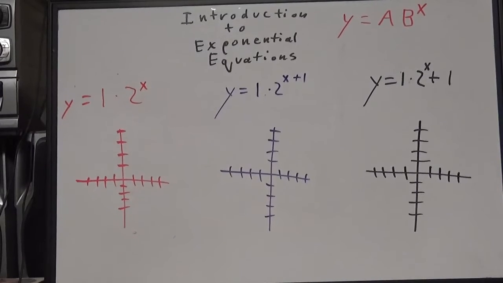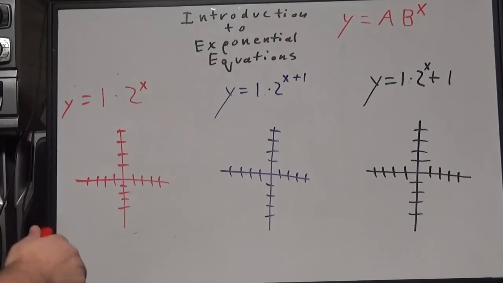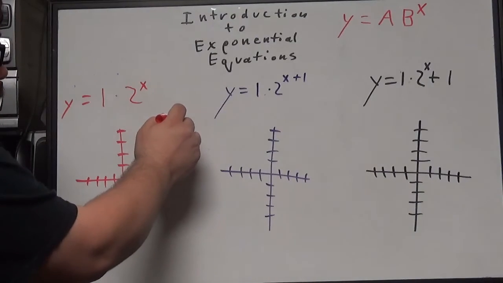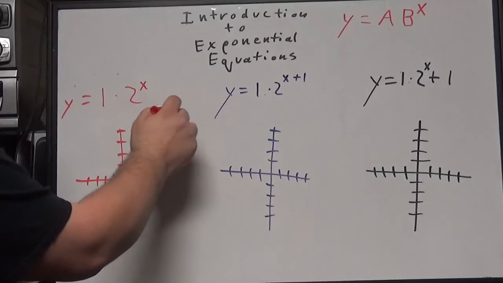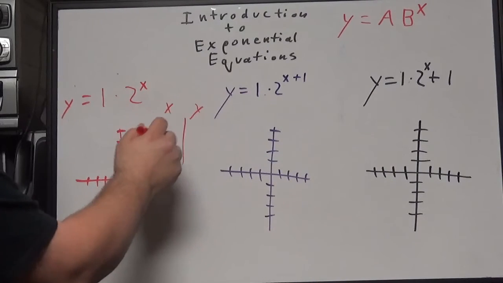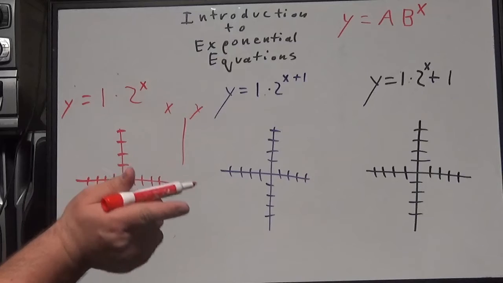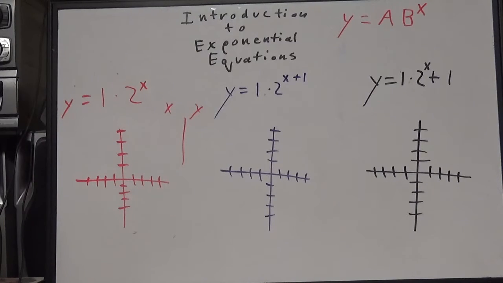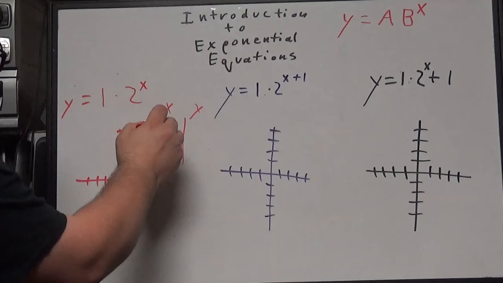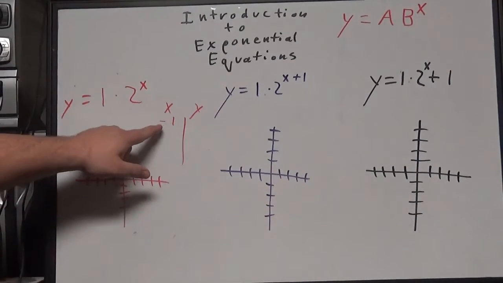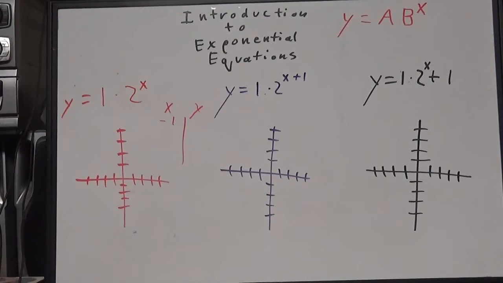And I want to show you this. So this is our graph. What I'm going to do is make a t-chart. We're going to do x and y. The first number that I'm going to put down is going to be -1. Now if I put a -1 in place of x, think about what that will do.